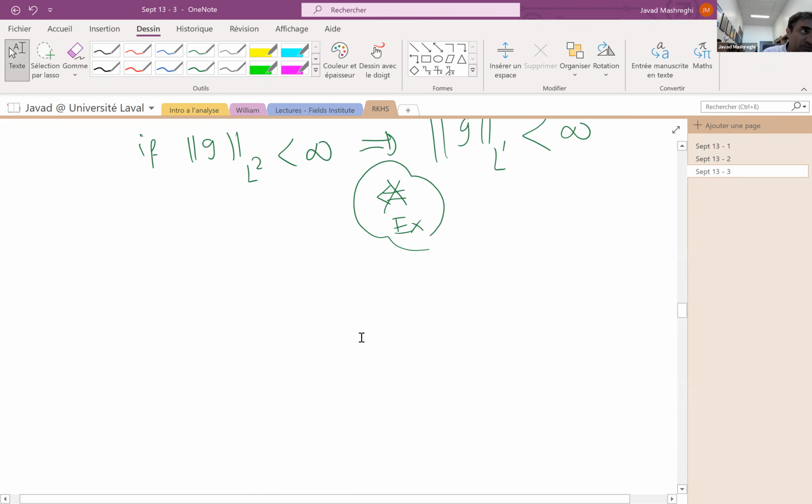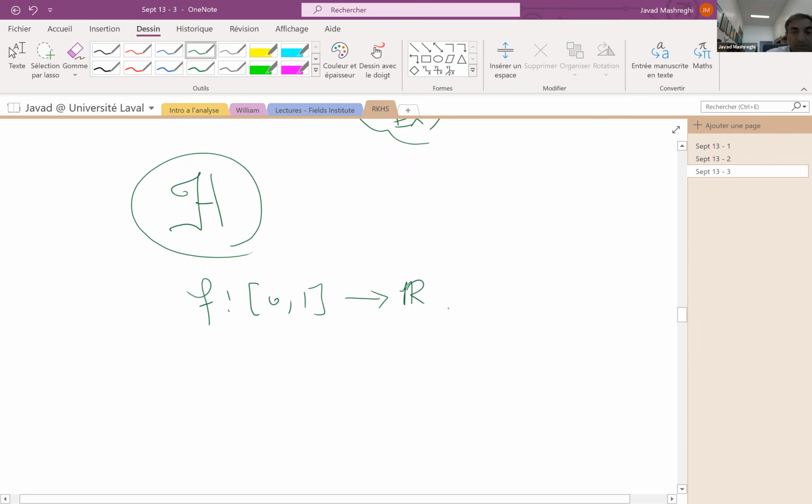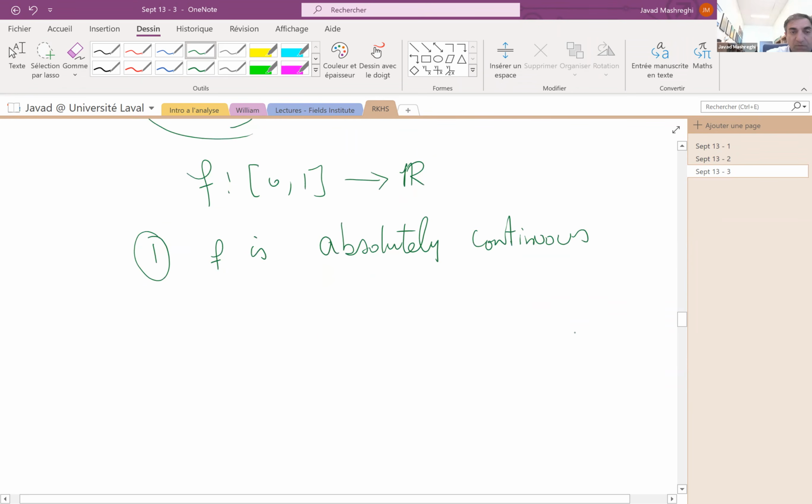Now I'm ready to define my Sobolev space. H is the following set: the set of all functions f from 0, 1 to R, such that f is absolutely continuous, and f prime, I put more restriction on it, is in L2, not just in L1, a bit more.